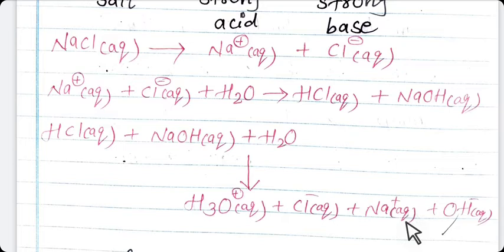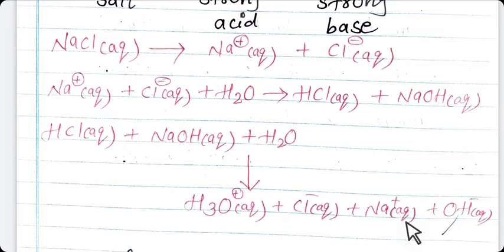So there is no hydrolysis. And the hydronium ion H3O+ is equal to the OH- ion, produced by ionization of water. It is not disturbed and the solution is neutral.